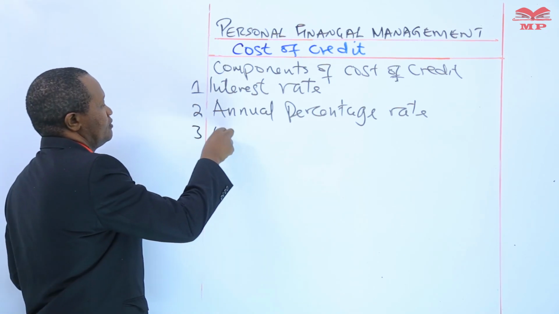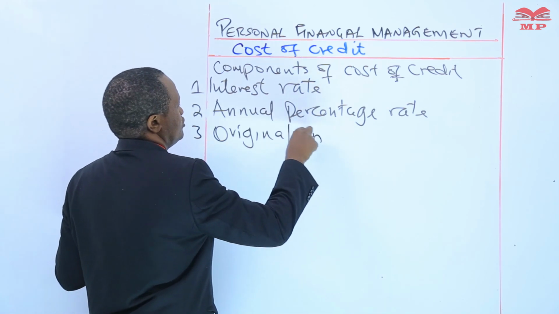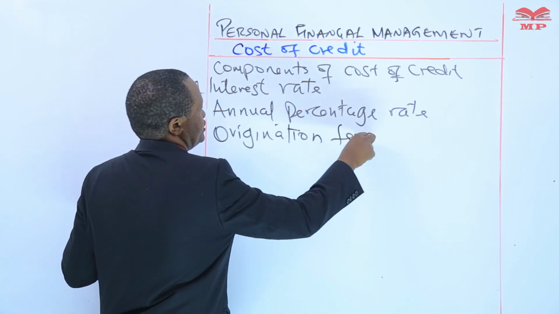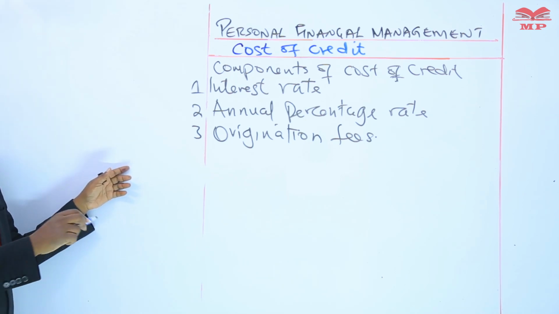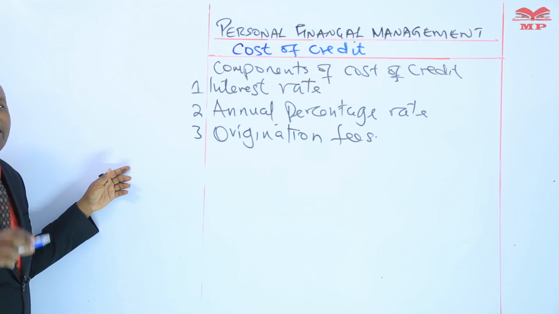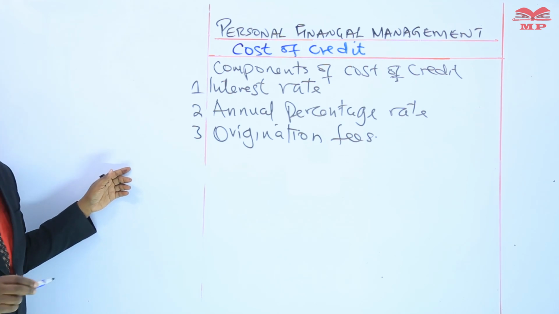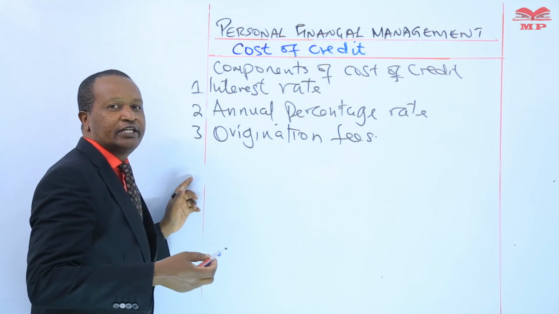3, origination fees. This is another component of credit. Origination fees are a one-time charge levied by the lender for processing the loan application.